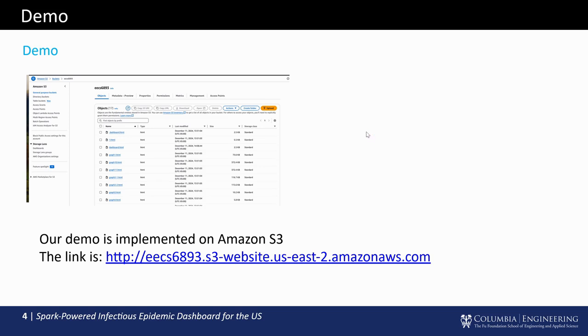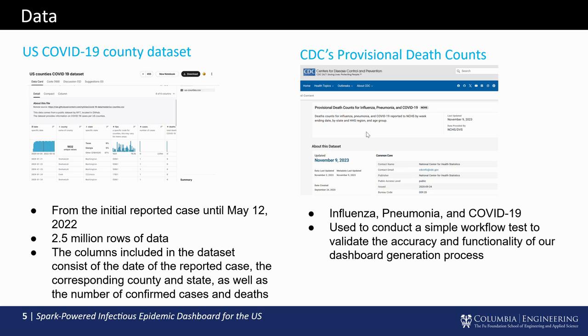After seeing the demo, we move on to the data. We mainly use the US COVID-19 county dataset, from the initial reported case until May 12th, 2022. It has 2.5 million rows of data, and the columns consist of the dates, the county, states, and the number of confirmed cases and deaths.